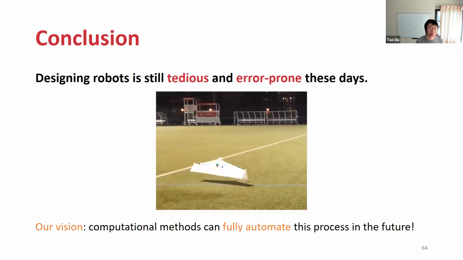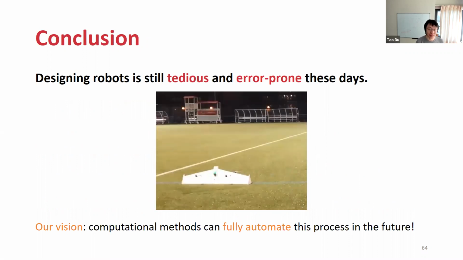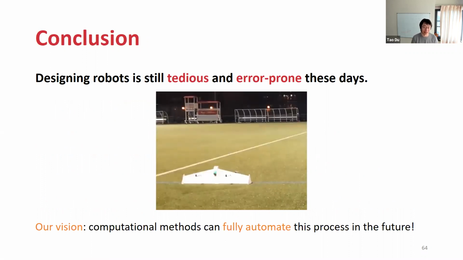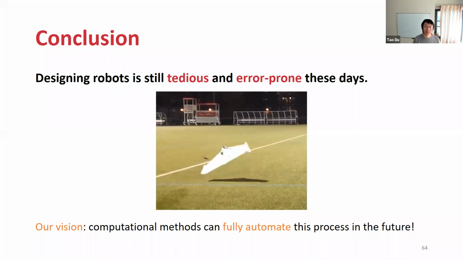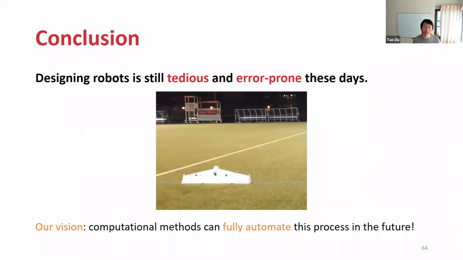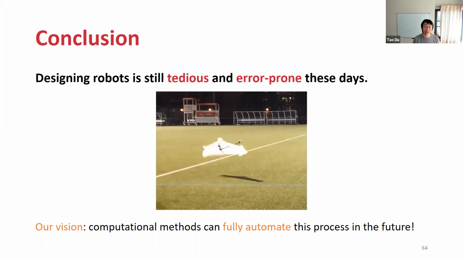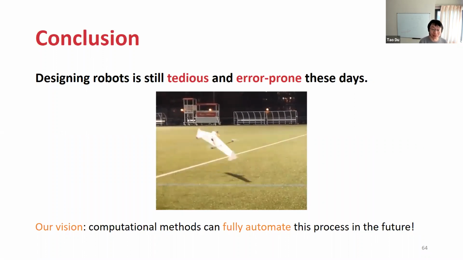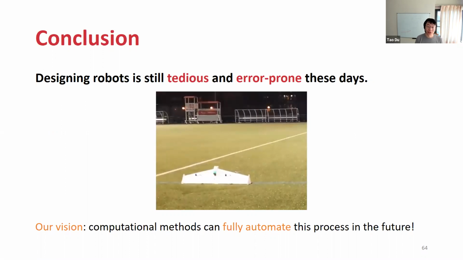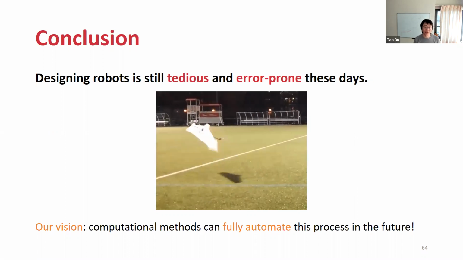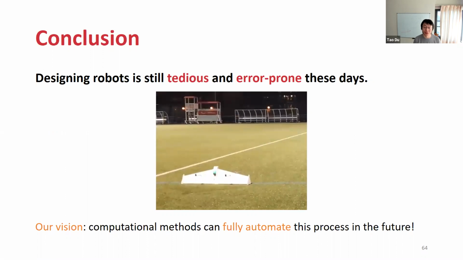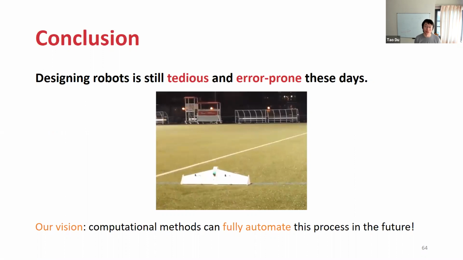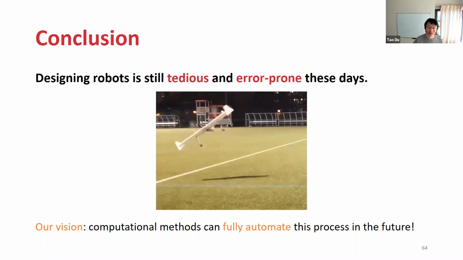The first lesson we learned, and we have been continuing to learn from multiple projects in our lab, is that designing robots is still a very tedious and error-prone process these days, and failure cases do happen very commonly. Our vision is that hopefully in the near future, computational methods can fully automate this process and lower the entry barrier for amateur users to design their own robots.